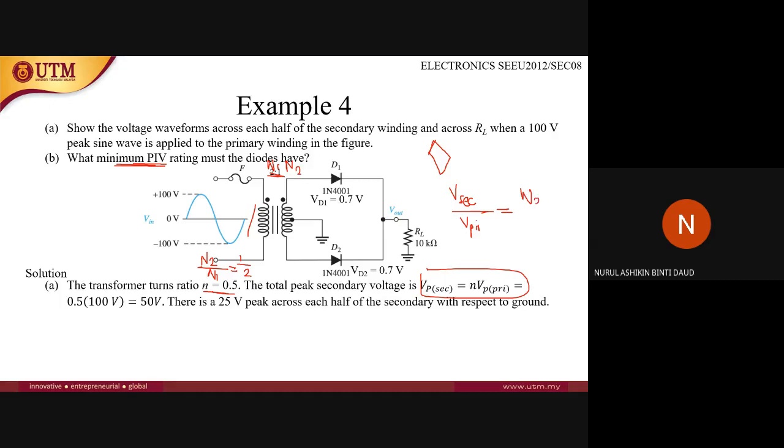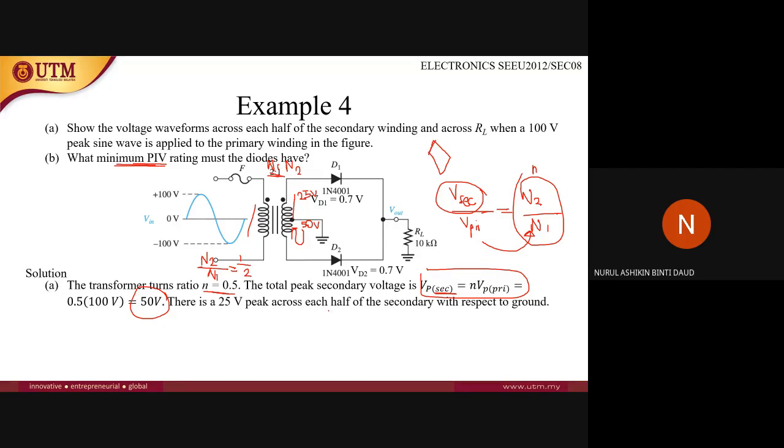Since you want to find V secondary, V peak primary is given here. This can also be regarded as N. So N times VP primary gives you the peak value for the secondary, which here is 50 volts. Since it is center tap, the voltage is divided into two. One will go up, one will go down. So each of the voltages will carry about 25 volts.